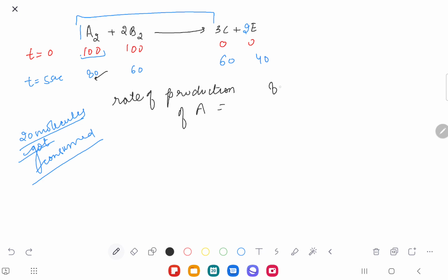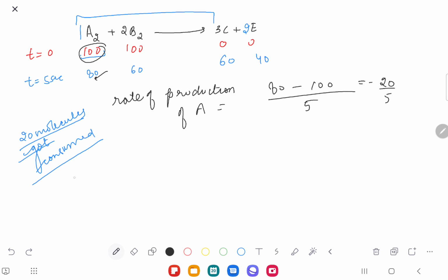And the initial concentration was 100. And in how much time have these molecules decreased? In 5 seconds. Are you understanding? So basically, we have 80 minus 100 over 5, and that would be minus 20 over 5.